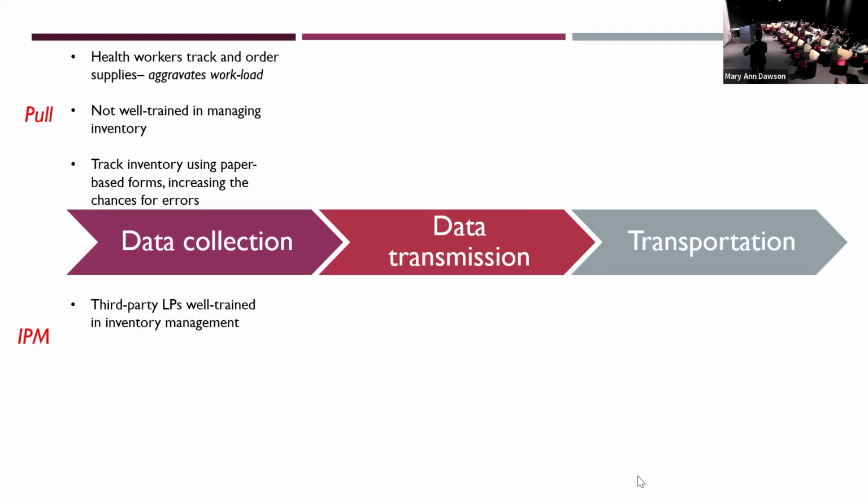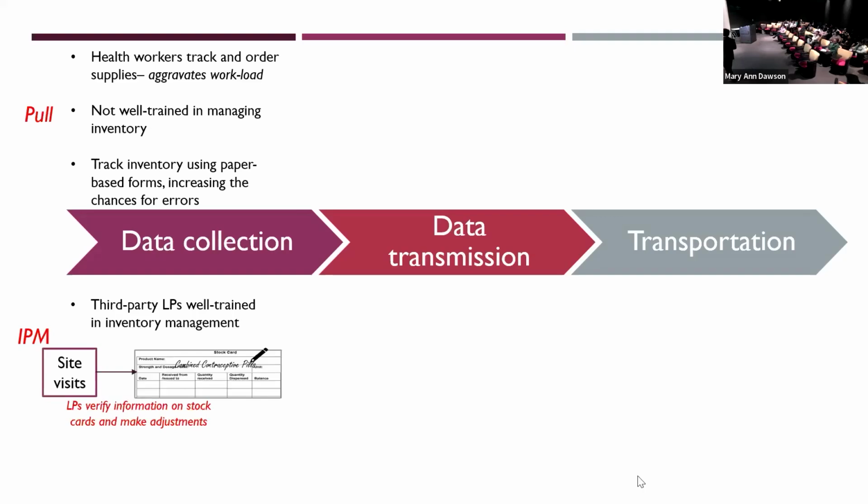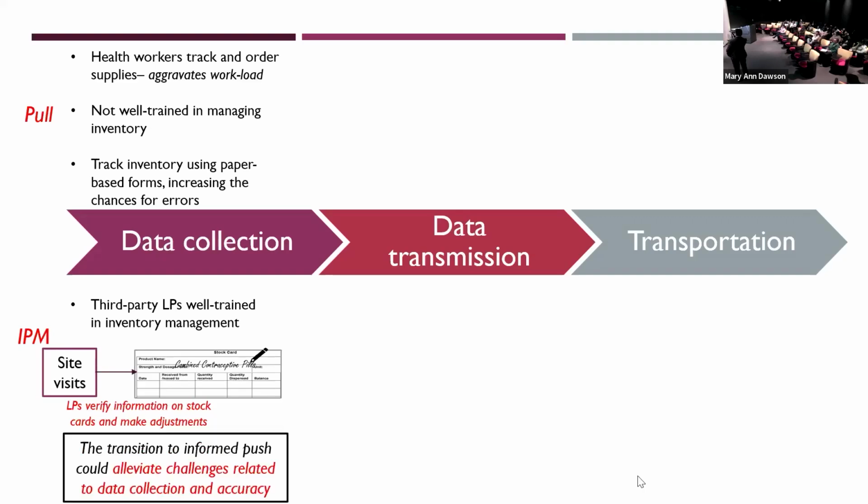Going to the push model, this is all done by the third-party logistics providers who are actually well trained in managing inventory because that is their primary job. And as I said, during the site visits, what they do is they look at these cards, verify the accuracy of the information, and they will make adjustments if they are needed. Okay. So essentially, the implication of this is that the transition to the informed push model could alleviate challenges related to data collection and accuracy at the health facilities. Yes.